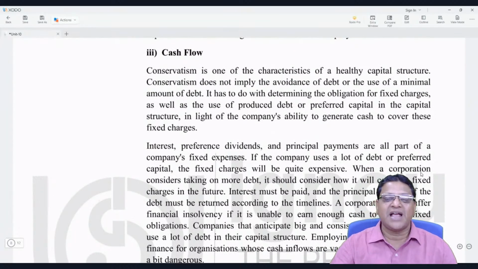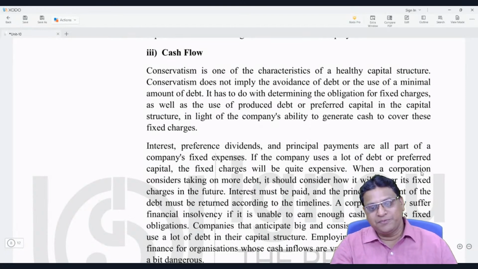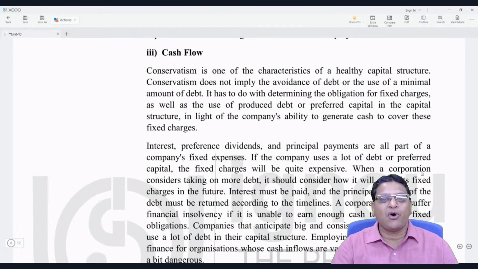Next we will discuss the other factors which are considered while designing the capital structure of an organization. Next one is cash flow. The company has to analyze its cash flow pattern, how cash is coming into the business. If there is a steady cash flow in your business, that means you are in a better position to service the debt. That means you are in a better position to pay the interest and principal EMI.